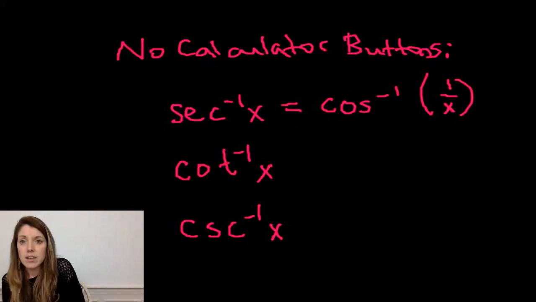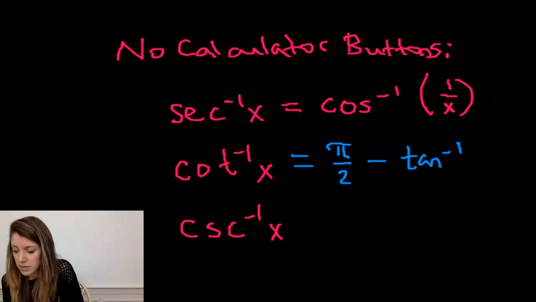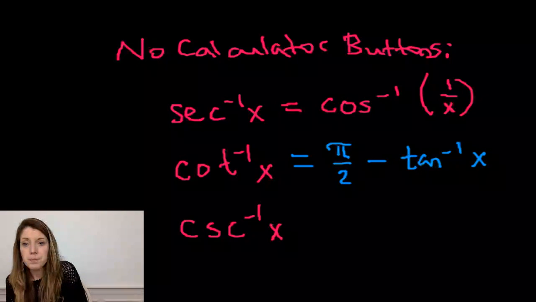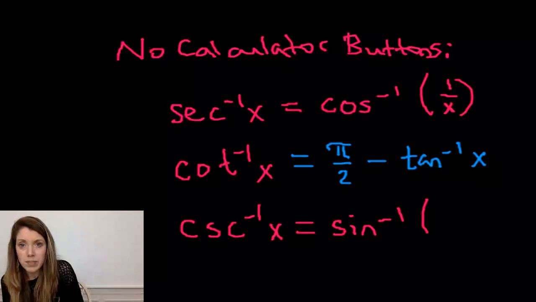You can rewrite the inverse cotangent as actually a transformation of tangent, pi over 2 minus inverse tangent of x. And then you can rewrite inverse cosecant as an inverse sine function of 1 over x.